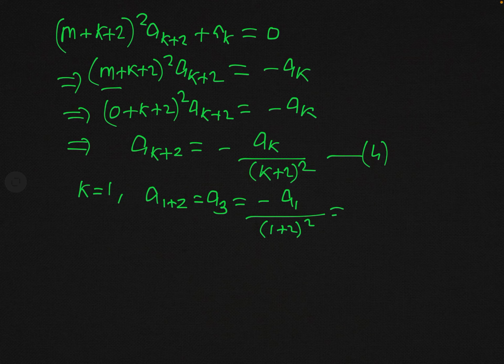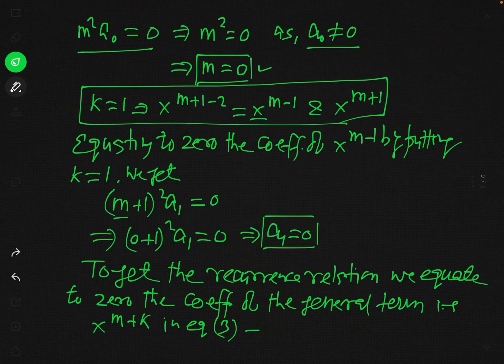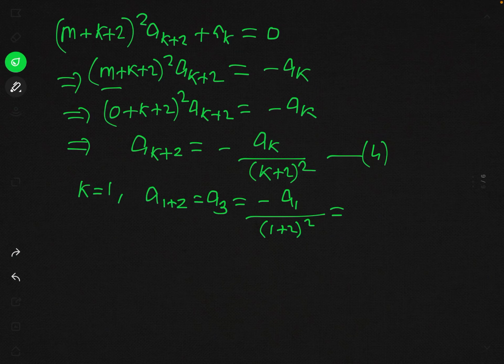But you have seen just now that a1 is equal to 0. You can see here a1 is 0. So since a1 is 0, this result will be 0. So you can see a3 is found to be 0. Now let us put k equal to 3. If you put k equal to 3, this ak plus 2 will be a3 plus 2, that is a5.